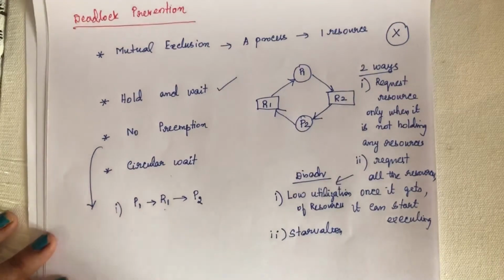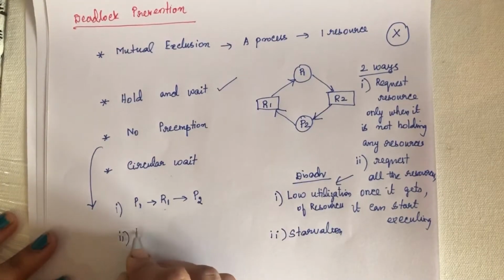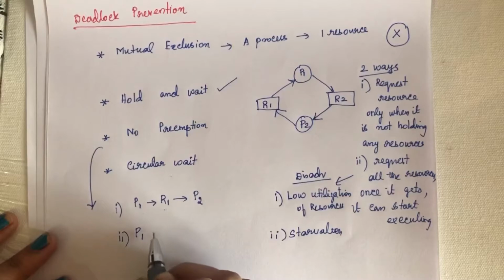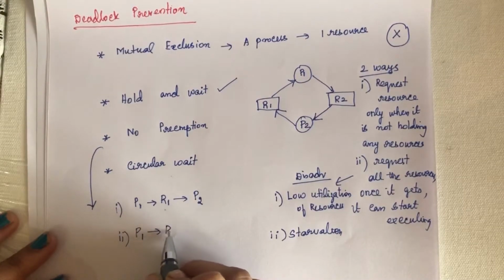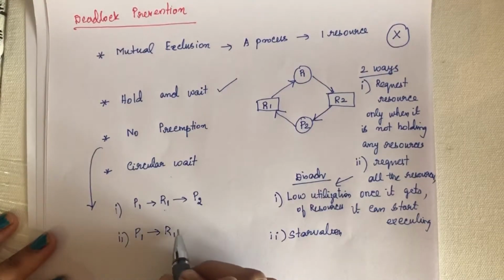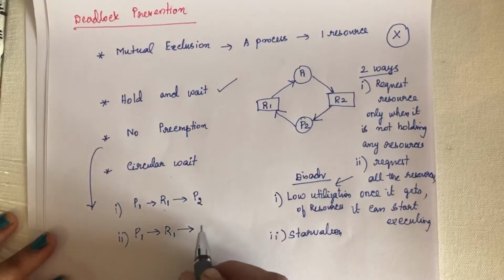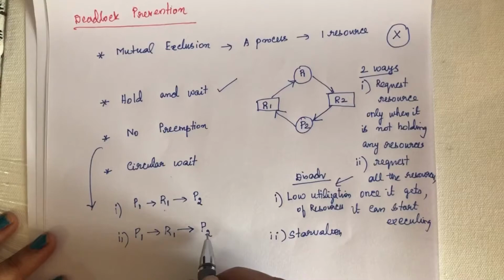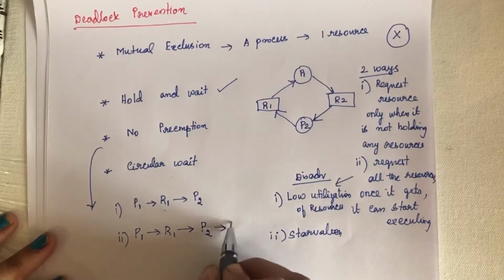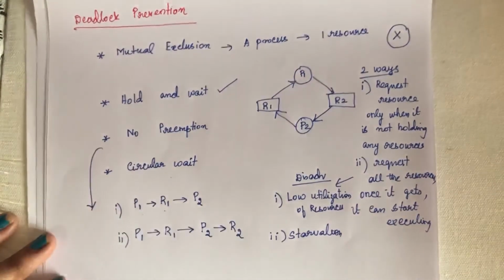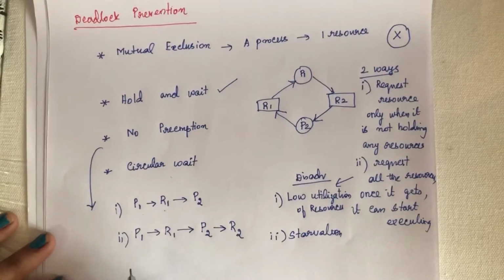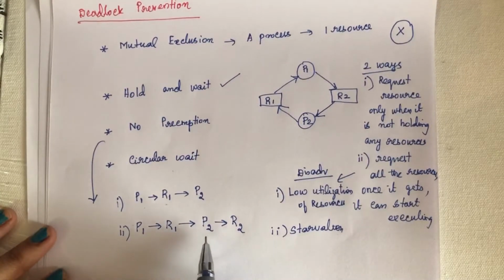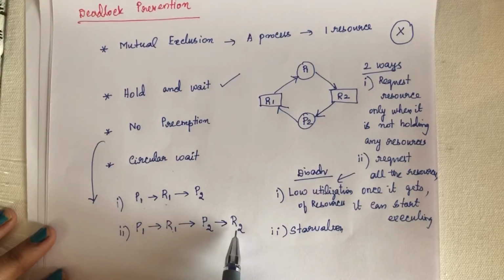The second way: consider one more example where process P1 is requesting the resource R1, but R1 is currently allocated to process P2, and P2 is also waiting for some other resource called R2. So here P2 is currently holding R1 and is also waiting for the resource R2.